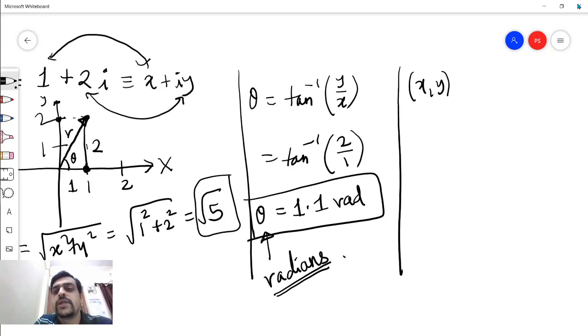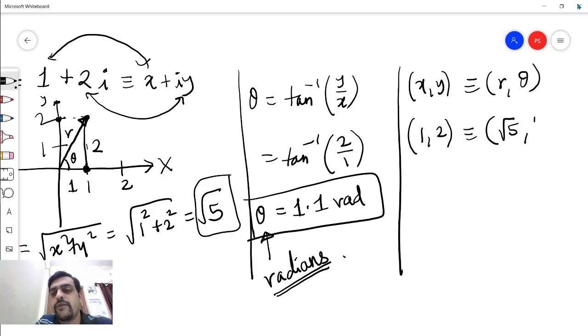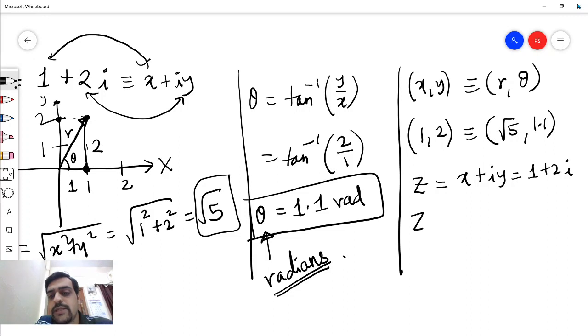So xy, which was equivalent to r theta, in our case 1, 2 is equivalent to root 5 and 1.1. So z, which in Cartesian form is expressed as x plus iy or 1 plus 2i, can also be expressed as r times e raised to i theta, which is root 5 e raised to 1.1 i.